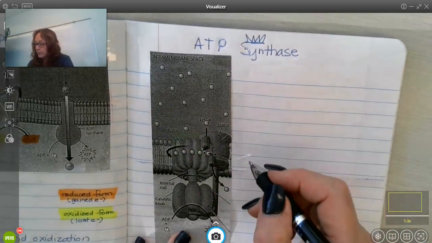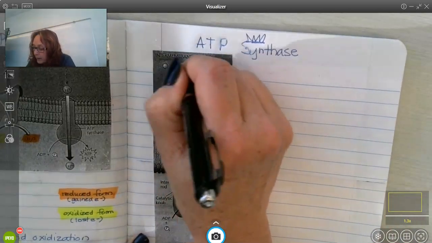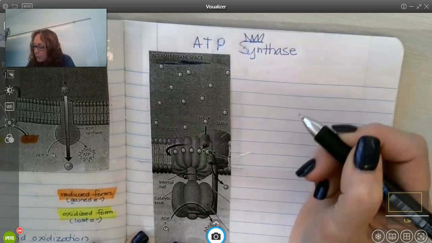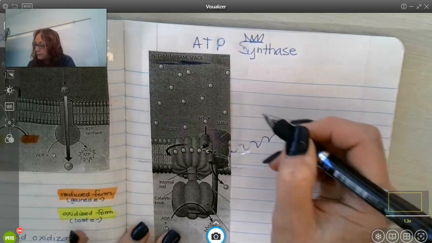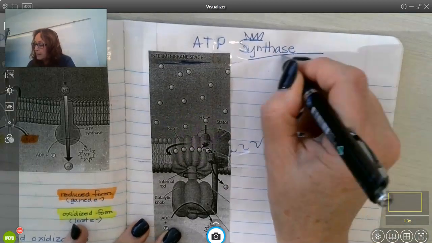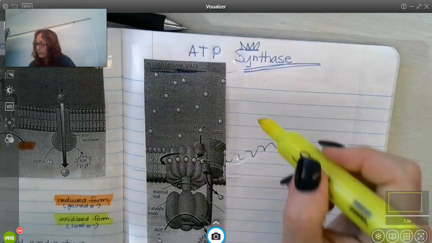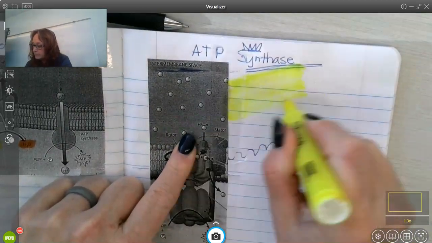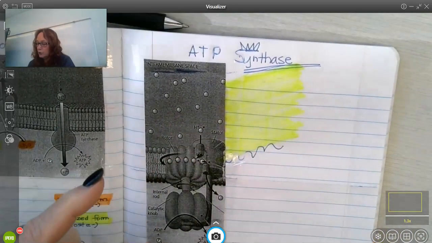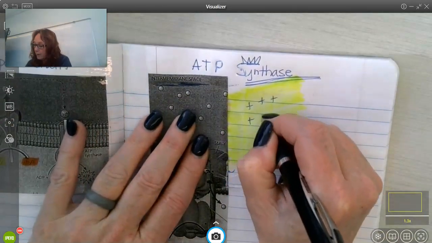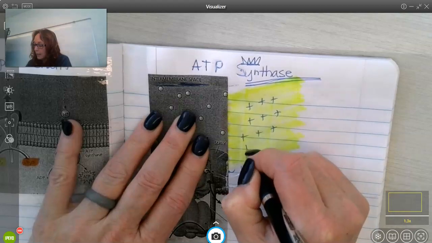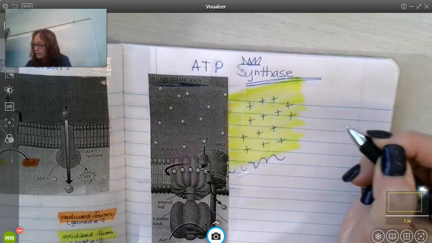So let's remind ourselves, this is like the closet. Remember? If we drew our stuff, we would draw this in dark yellow with all the hydrogen ions in here, like a closet.